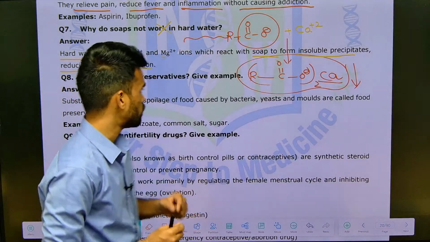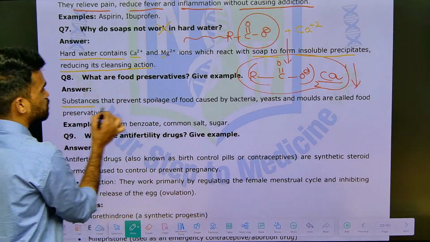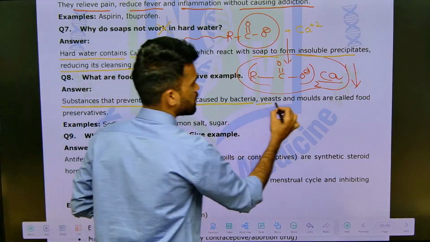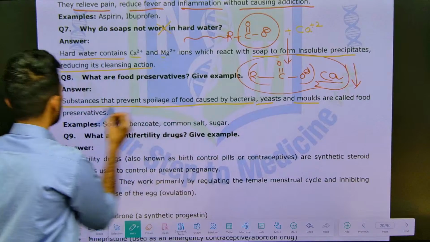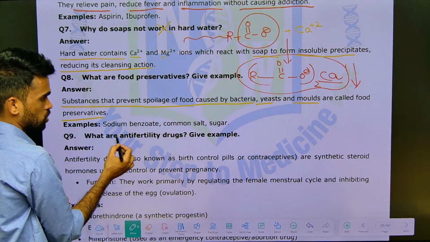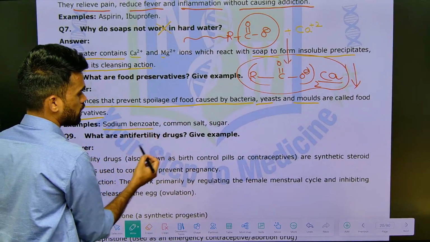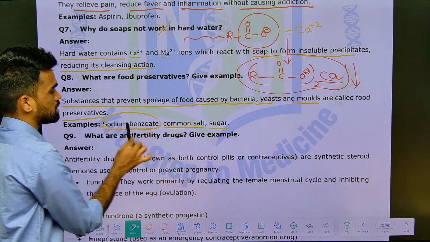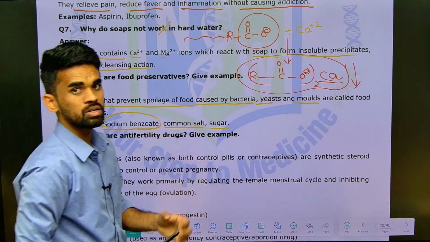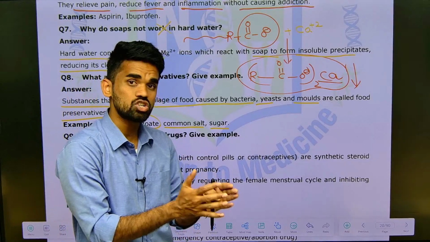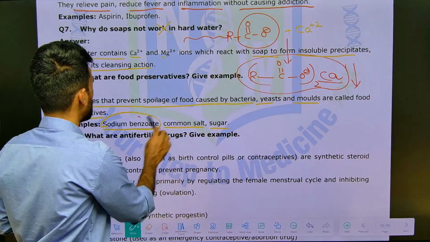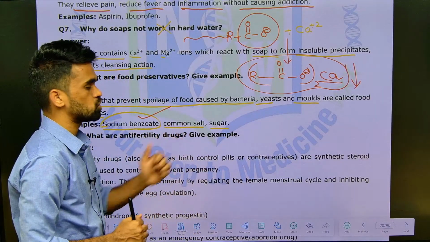The substances that prevent the spoilage of food caused by bacteria, yeast and molds are called food preservatives. Examples here are sodium benzoate, common salt, sugar. These preserve the food and stop it from spoiling. This is the duty of sodium benzoate, common salt and sugar here.